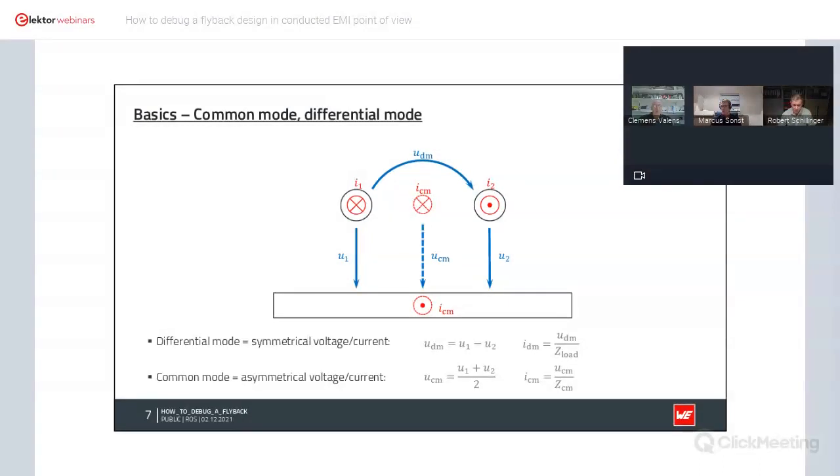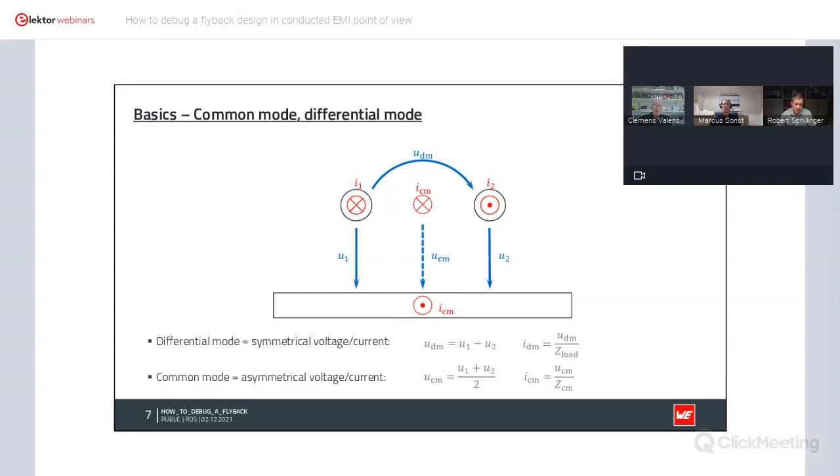But we don't speak about this current, we speak about a noise current, which is caused by a switching mode power supply, for example. The other one starts also in the left conductor, goes inside, and on the right side, I printed in the middle, also in the same direction from the source to the load.